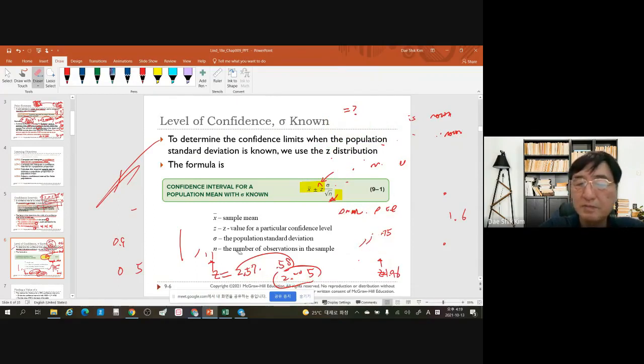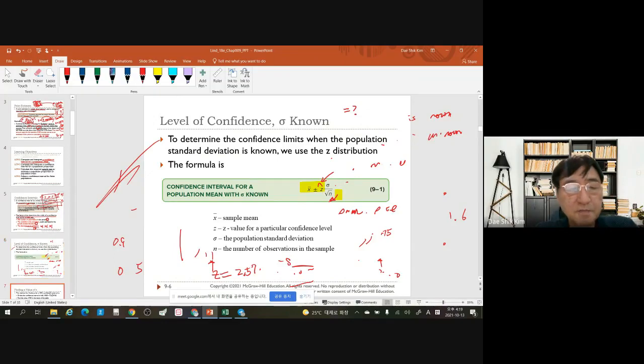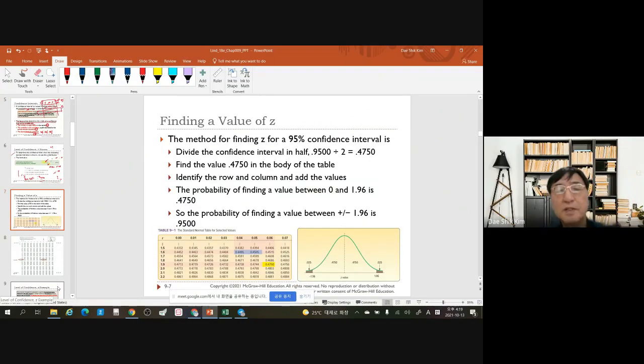I will delete everything, and on to the next slide. Let's find out how to get the Z value, from the last page of our textbook or from the internet. The Z value is determined by the confidence level.